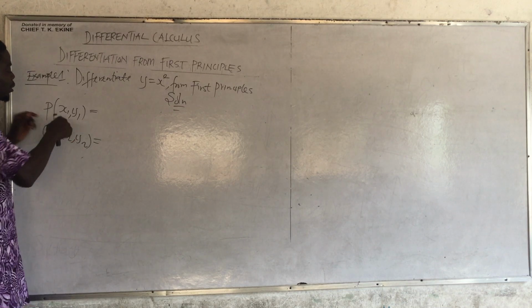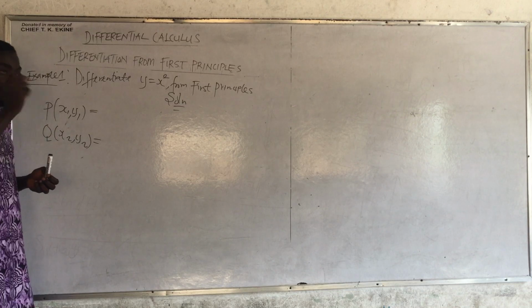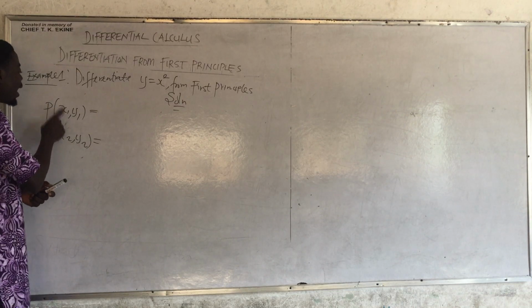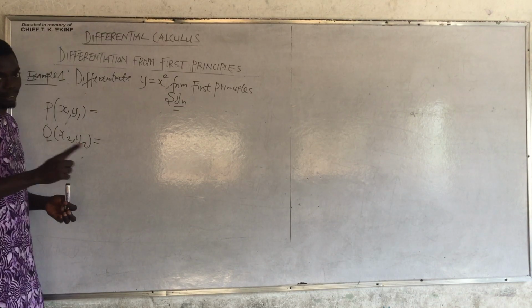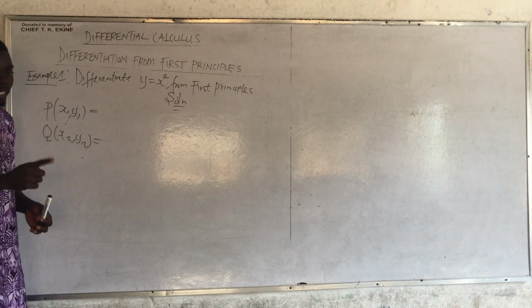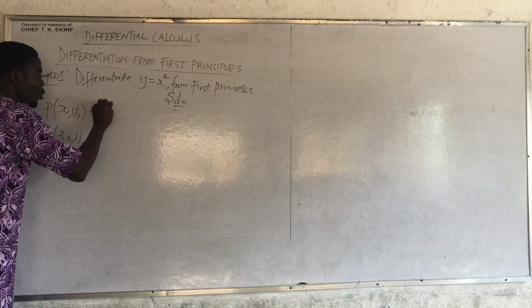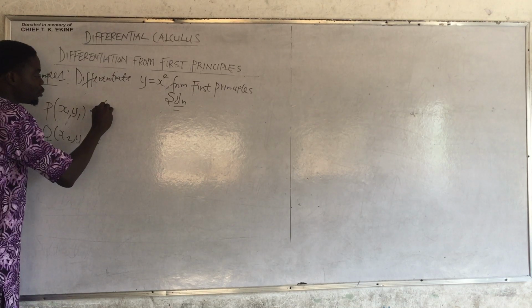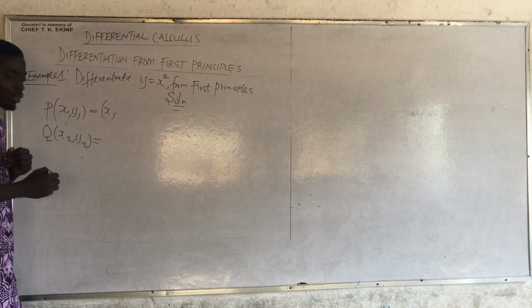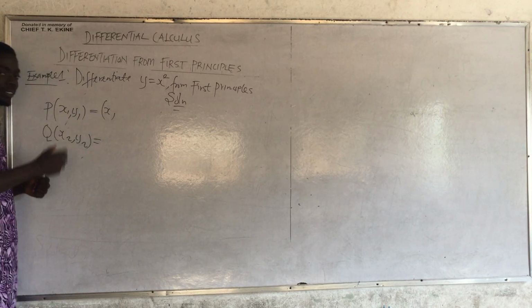Take note. Pertaining to point P coordinates, x1 remains constant. I repeat, this x1 remains constant, so instead of putting x1, put x. But what then is y1? x1 is x.